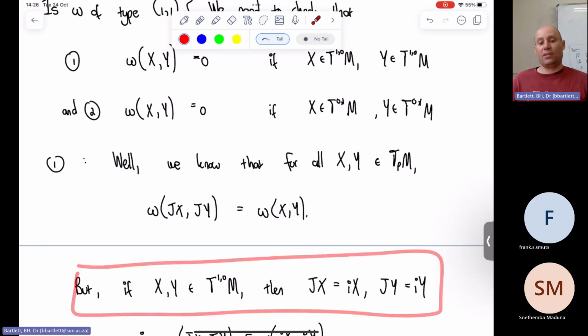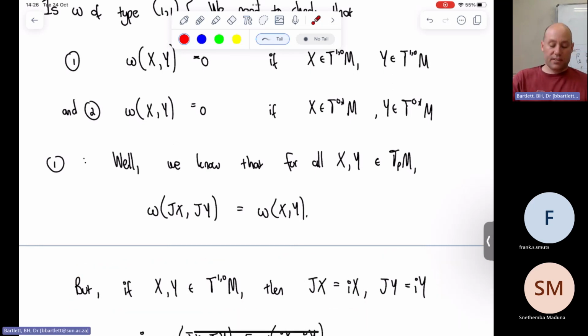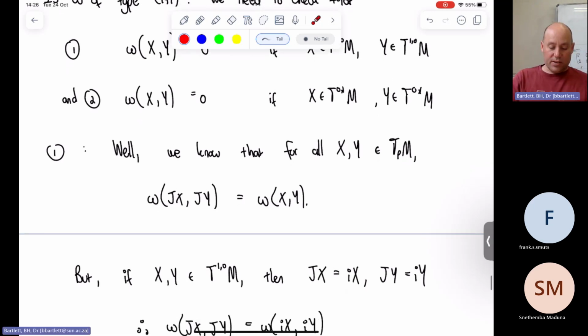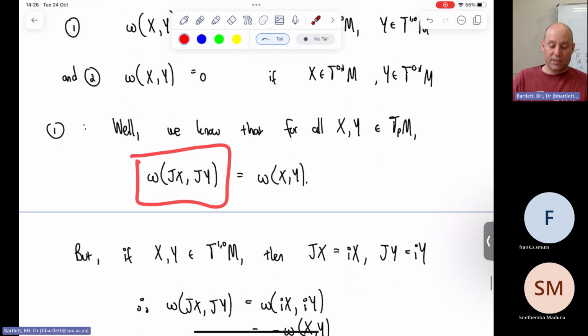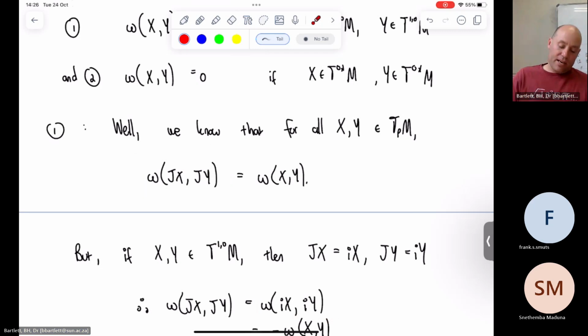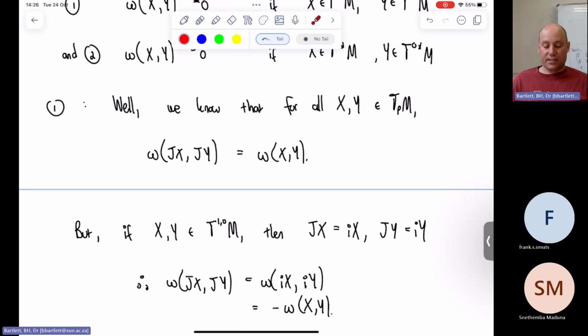This thing over here is equal to omega applied to ix, iy, because Jx equals ix and Jy equals iy. And then remember that omega has been extended linearly, so the i comes out and the other i comes out, so I get a minus in front.